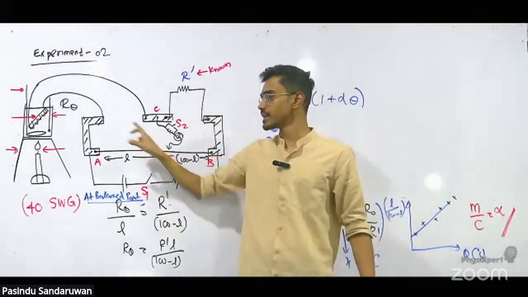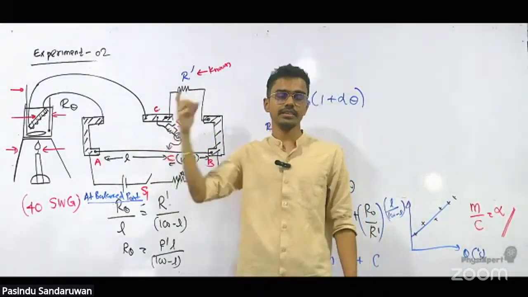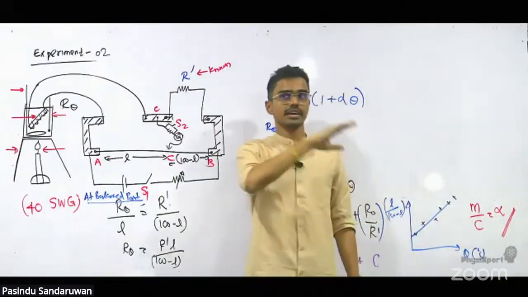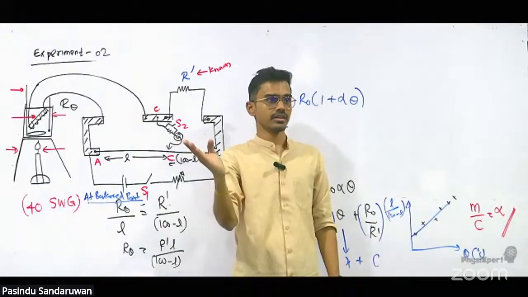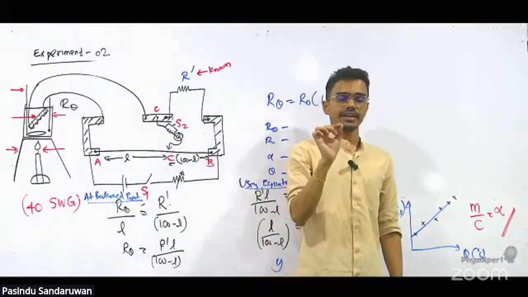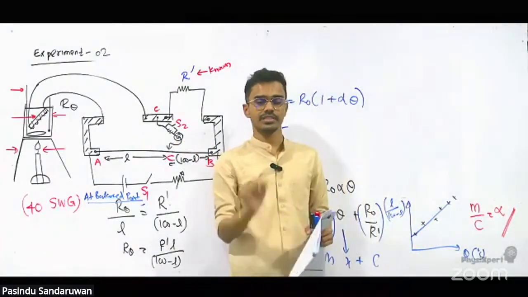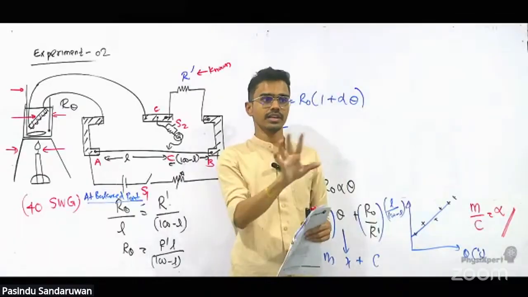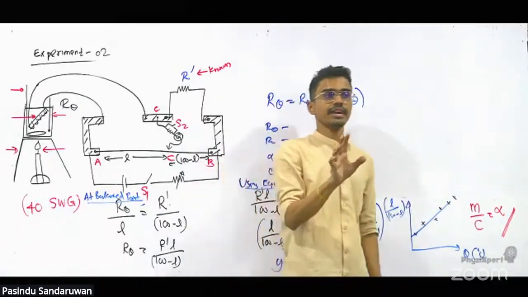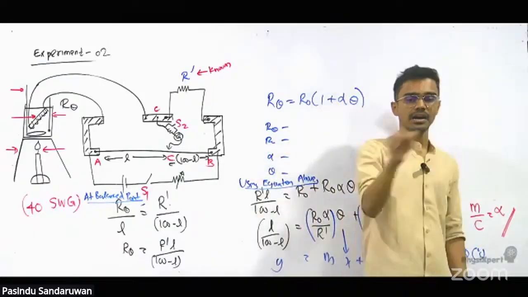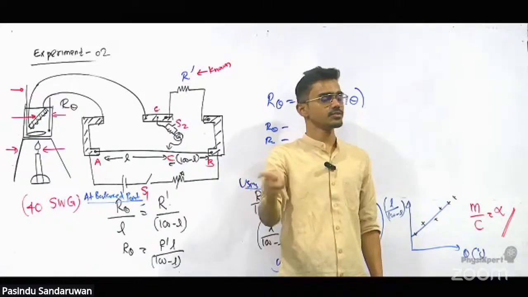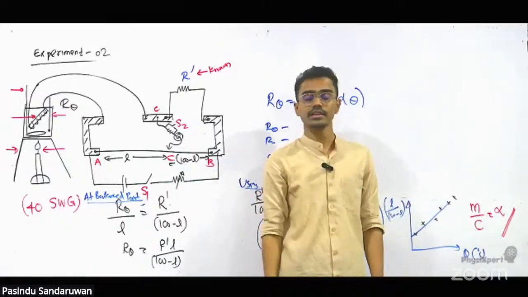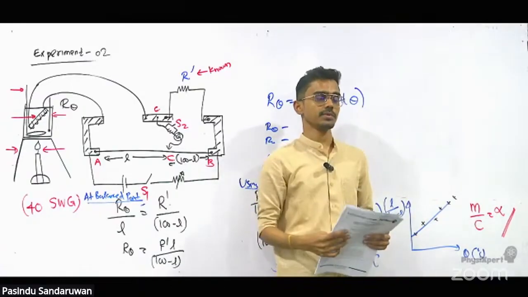You have to keep the positive and negative terminals at A and B respectively and check whether the galvanometer deflects from one side to the other, passing zero. If it deflects to opposite directions, it means you have a balance point in between. If it does not deflect passing zero, you are not going to get a balance point, and there are reasons for not obtaining one in such cases.